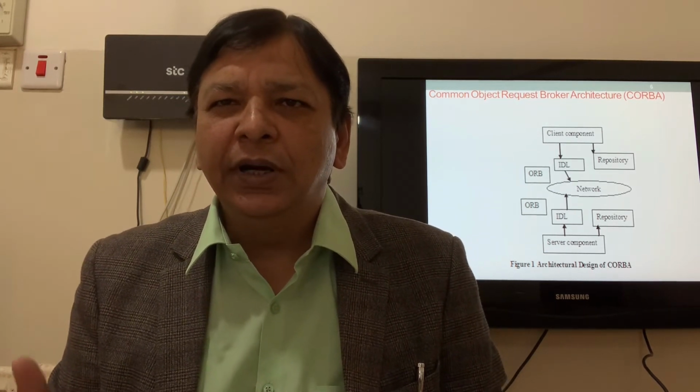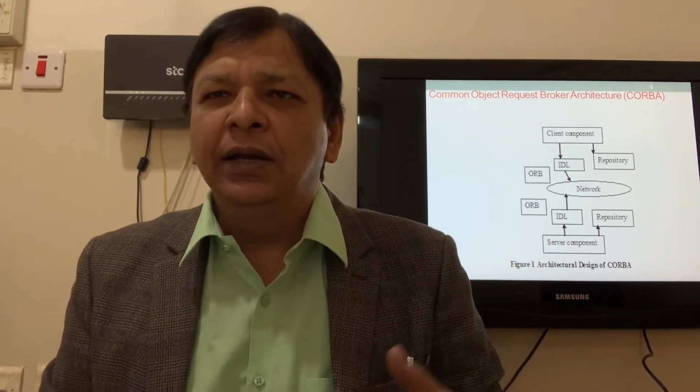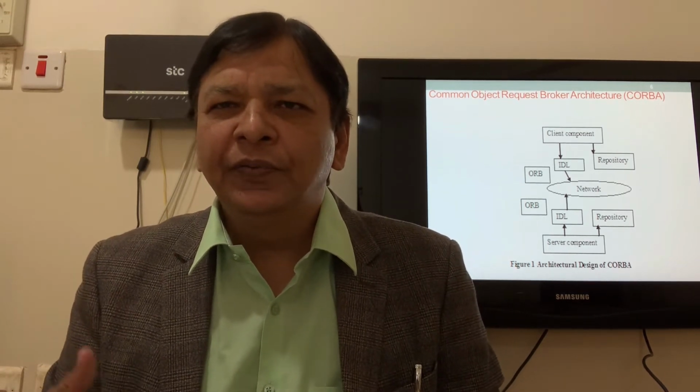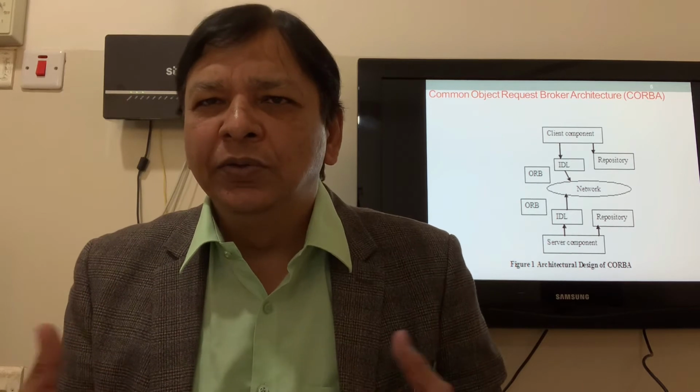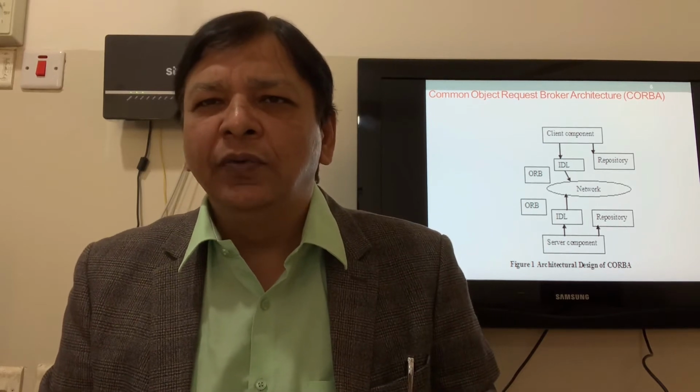Then you need to define IDL. IDL stands for Interface Definition Language, the API, and IDL at the client end, IDL at the server end. So interface definition language or interface description language, you need to write the API. At the client end, we call it stub, and at the server end, we call it skeleton.